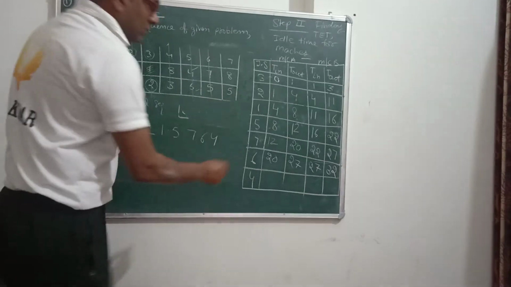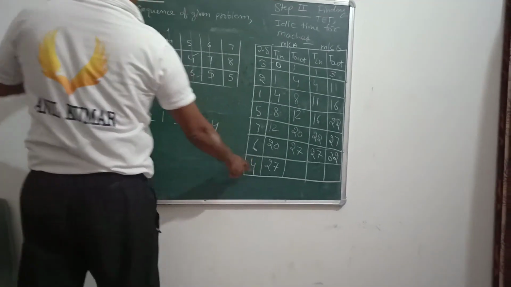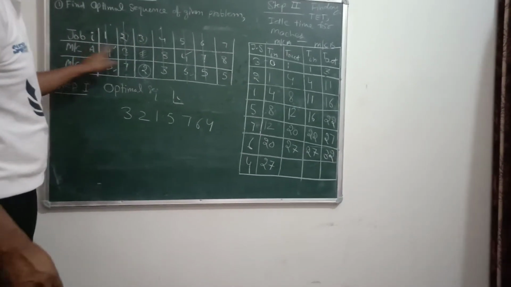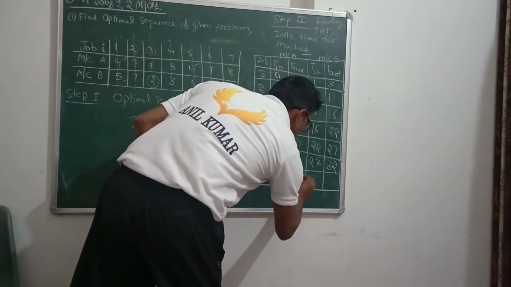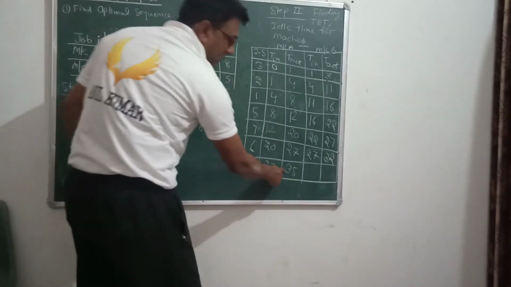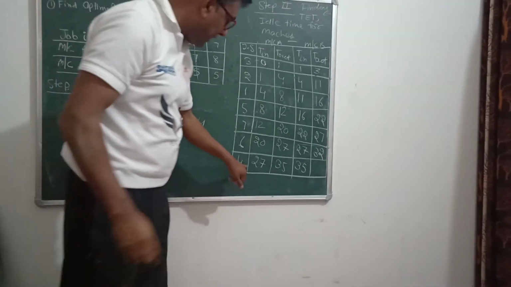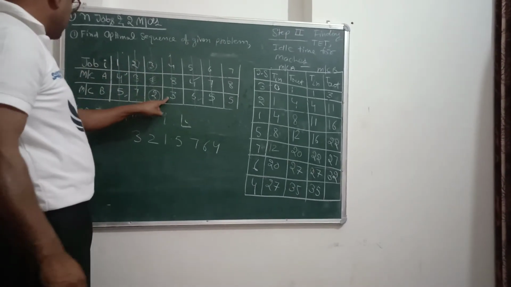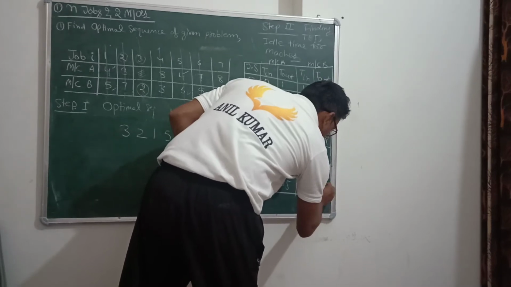so 32. Now for job 4, machine A has a processing time of 8, so this is 35, which is greater, so we will use 35. The processing time for job 4 on machine B is 3, so the out time will be 38.